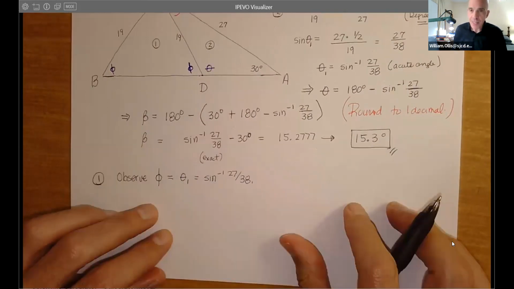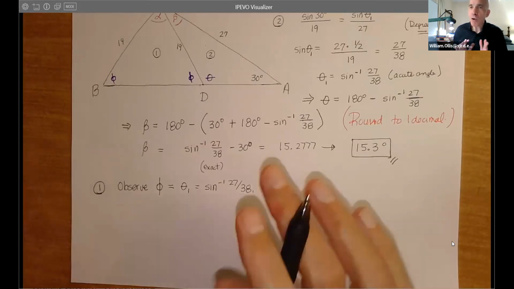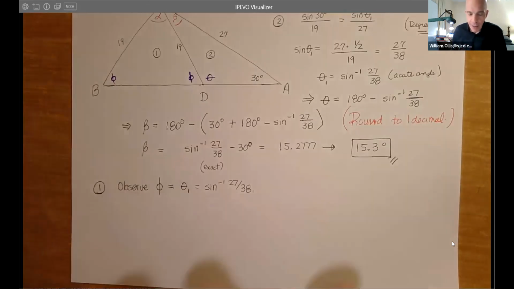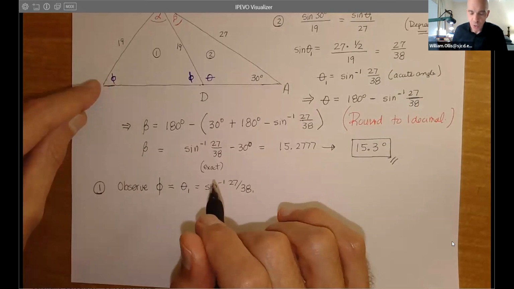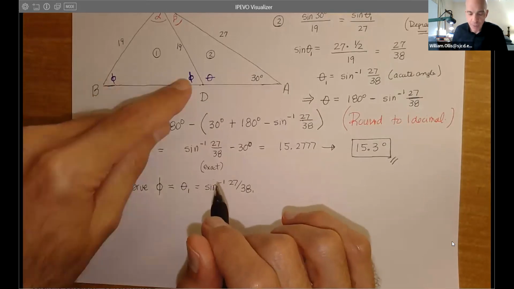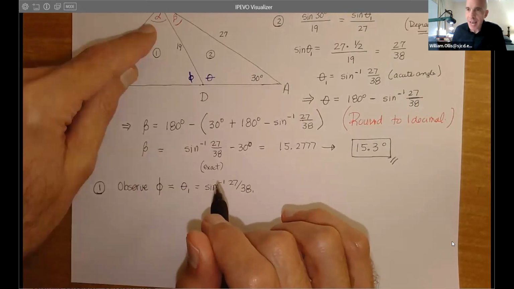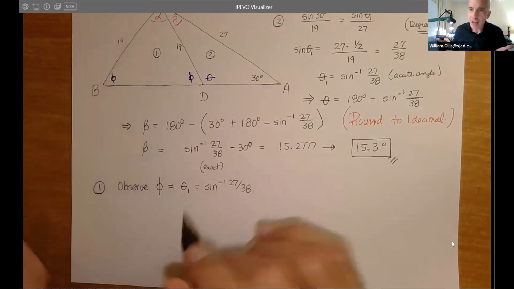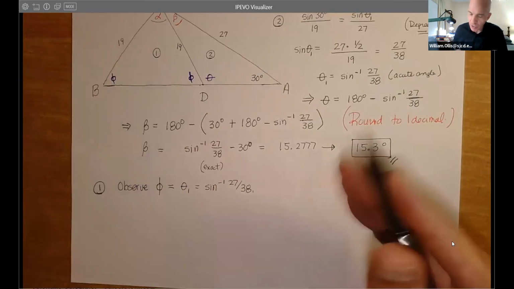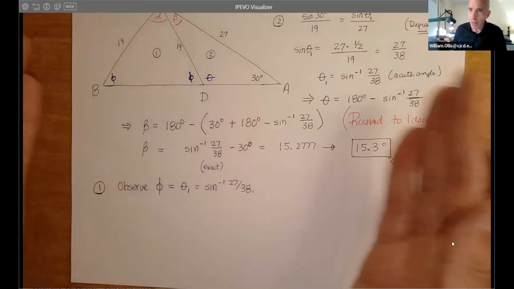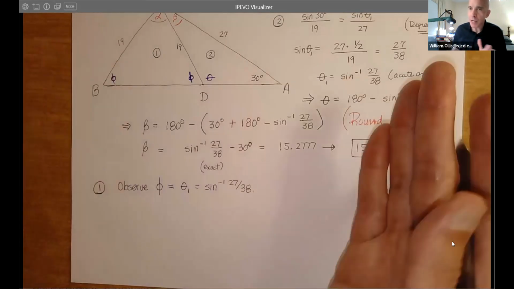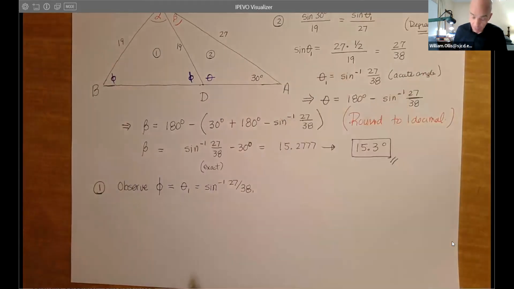And so now, talk about a gift. We have an isosceles triangle, so we have 2 times phi plus alpha equals 180. How simple is that? We haven't had to do any rounding anywhere. We've got a problem that's tailor-made to symbolic computation.